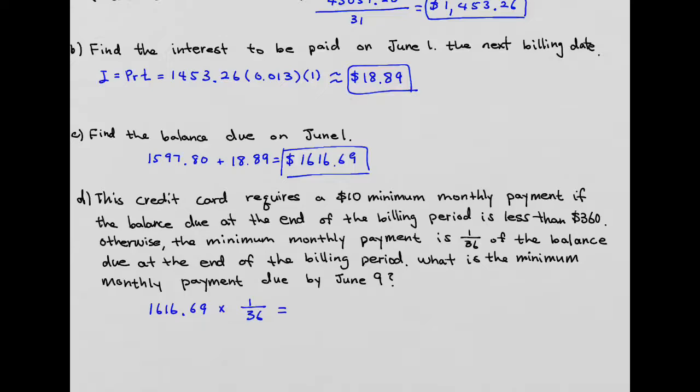That's pretty much doing division, 1,616.69 divided by 36, which gives you close to $45. So that's the minimum payment, and that's how we find out the minimum payment.